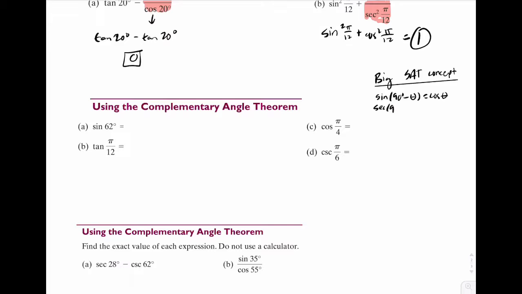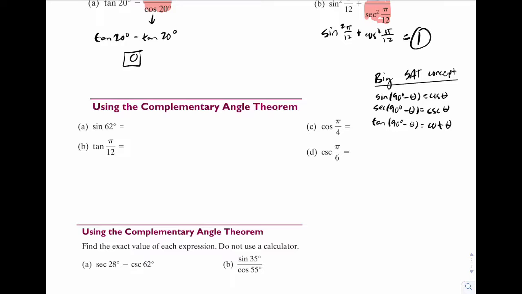Secant of 90 minus theta is equal to cosecant theta. And tan of 90 minus theta is equal to cotan theta. In case you want to see the proof, check out Tomo's Instagram where he proves it, so you can see his visual proof for that one. So we're just going to use these.